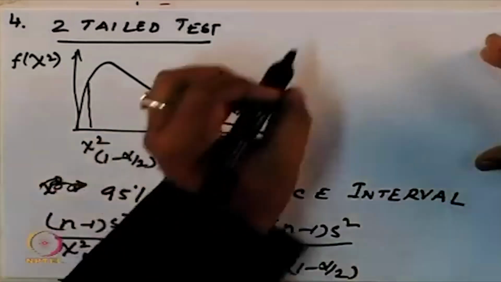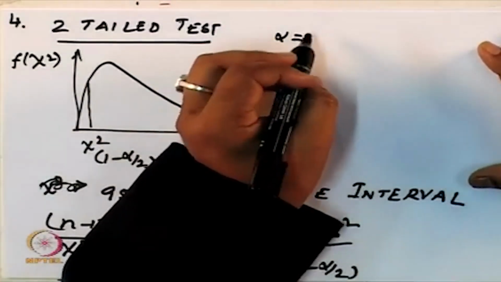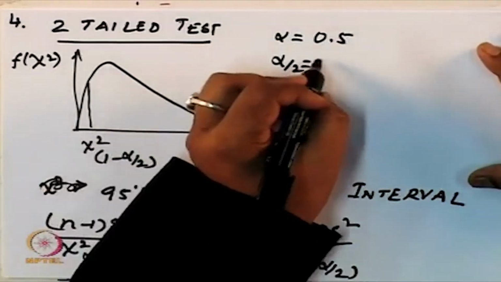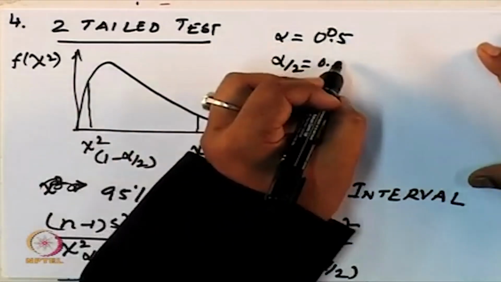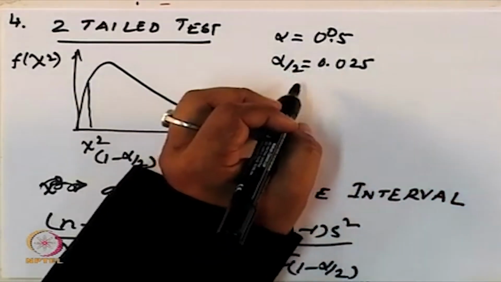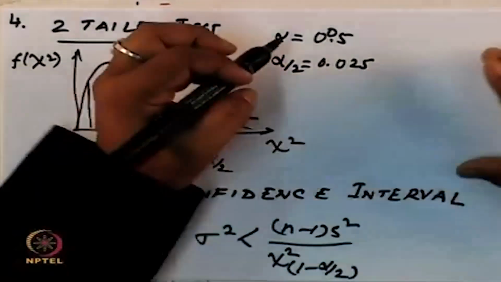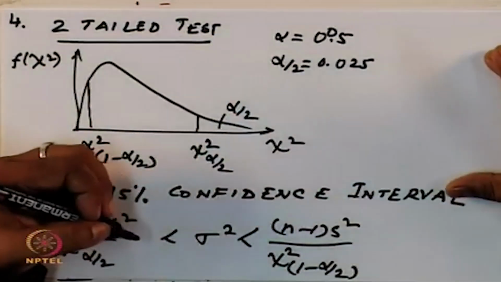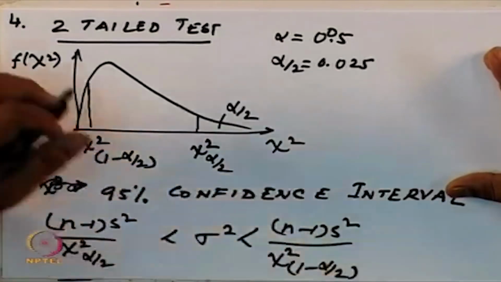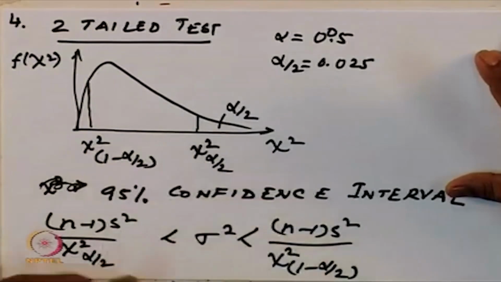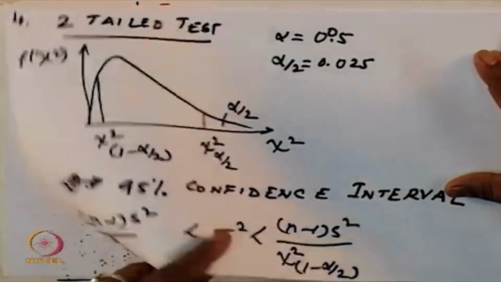If you choose alpha equal to 0.05, so your alpha by 2 is going to be 0.025, then these values are going to be chi-square of 0.025 and chi-square of 1 minus 0.025. Based on this, you can calculate the 95% confidence interval.